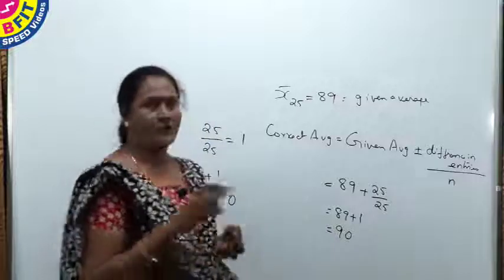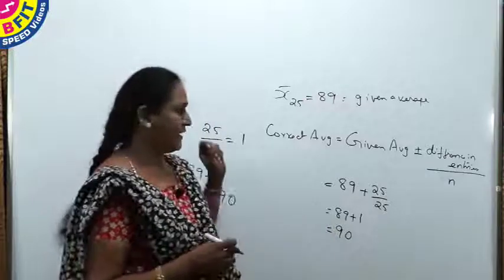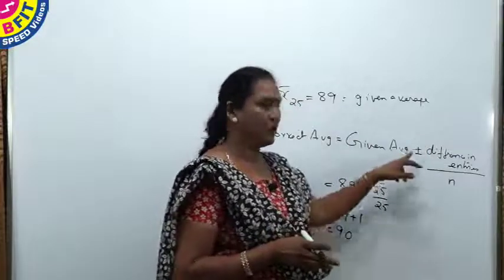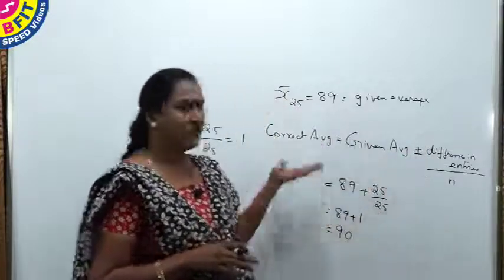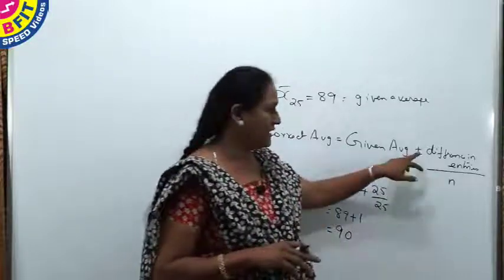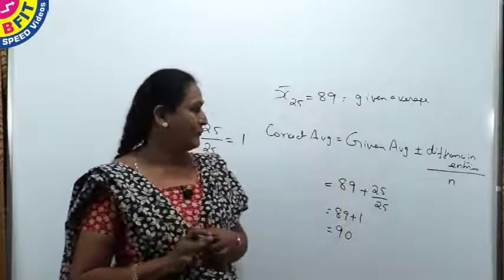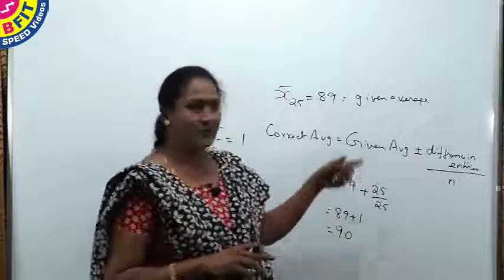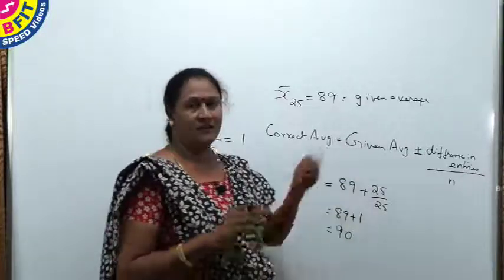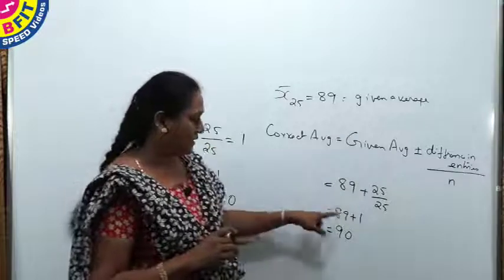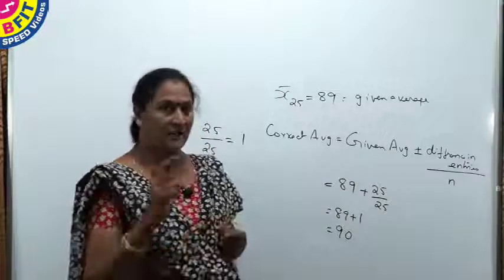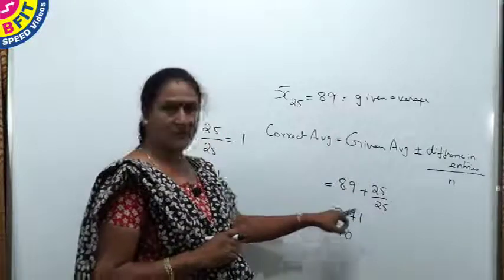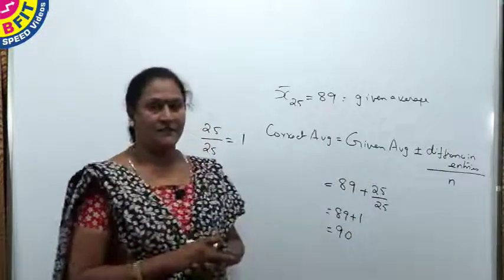So in the case of wrong entries, to find the correct average, you find the difference between the entries. Overall if it is positive, the average will increase. Overall if it is negative, the average will decrease. So find the increment in those terms and add or subtract accordingly with the given average. Here the given average is 89 and the increment in each term is 1. So the correct average is increased by 1, 90.